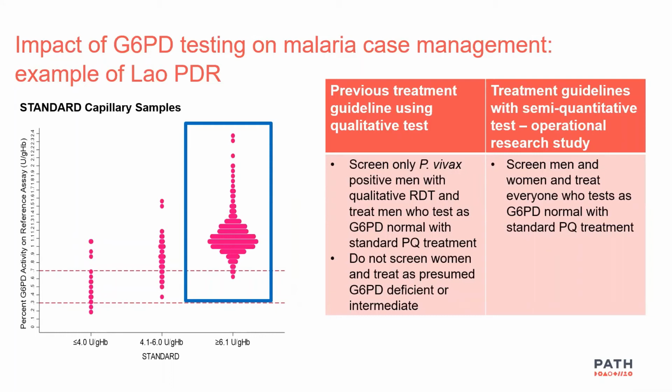And so if you go back to Pooja's dot plots, just based on this illustrative data from sites in the US and Brazil, there may be some overestimation of deficiency by the standard test, but its use in this setting actually opened up and enabled access to Primaquine treatment for this whole swath of G6PD normal women who were previously not screened and not treated. So I think it's useful just to look at the big picture of how the test will actually impact case management.